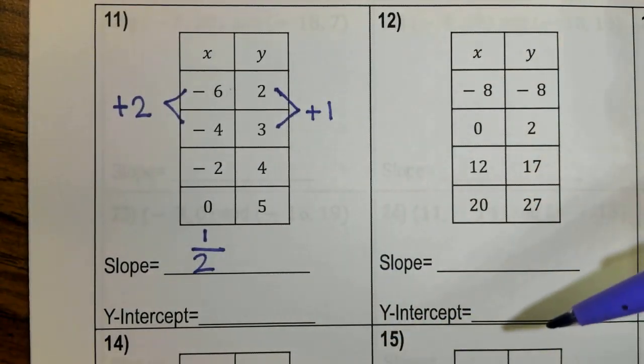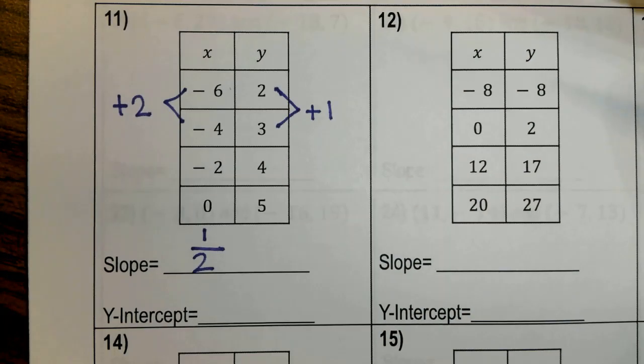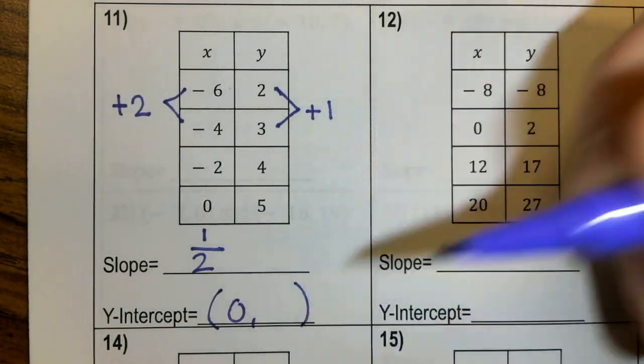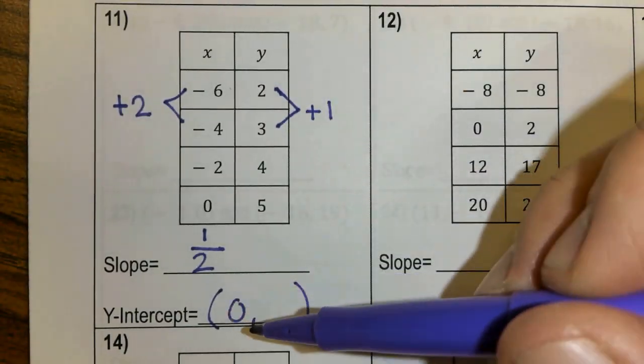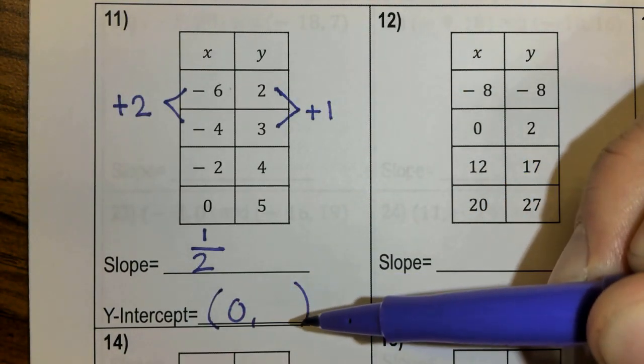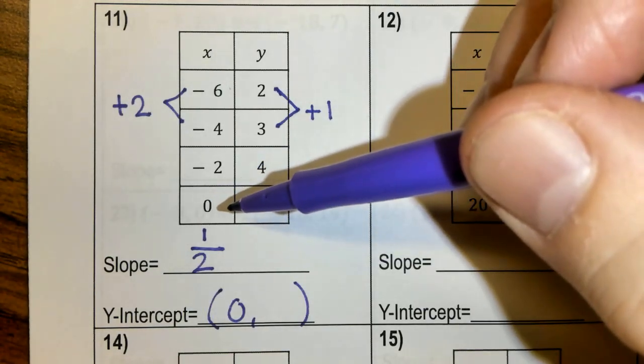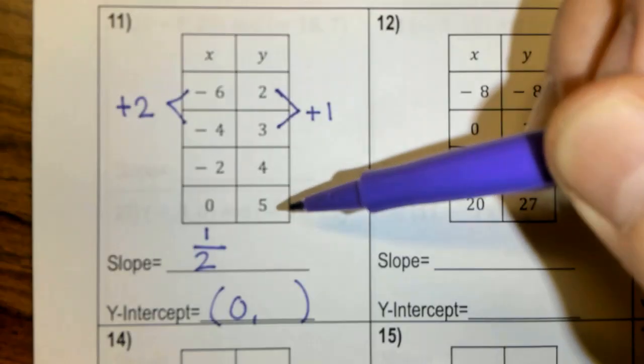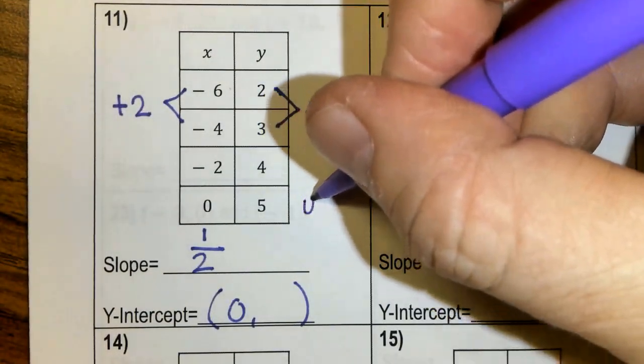I need to find y-intercept. Now from a table, you can very easily find the y-intercept because we know y-intercept is always 0, comma, some y, right? So wherever x is 0, that is my y-intercept, which on here, I have a 0 right here on the x, okay? So when x is 0, this is y-intercept.